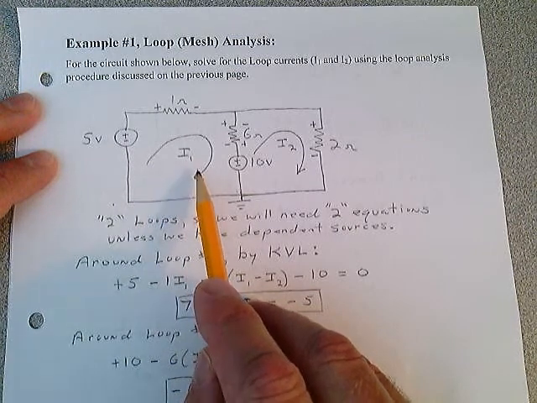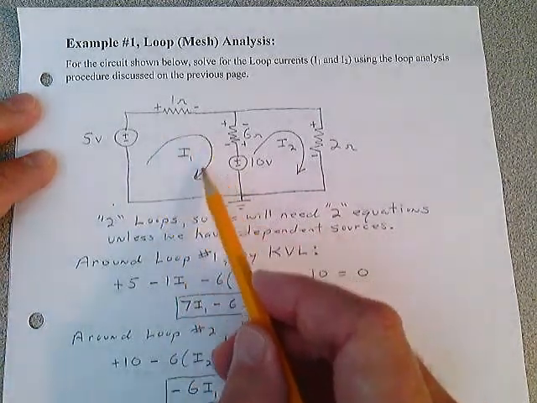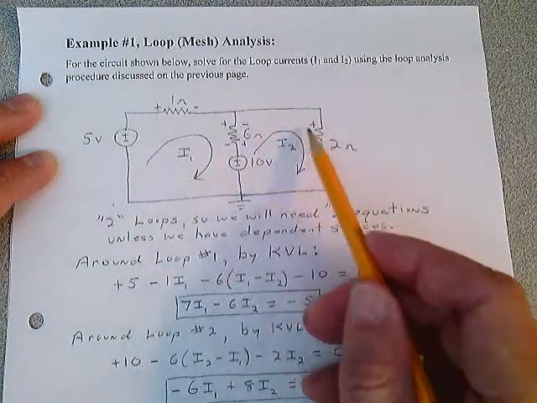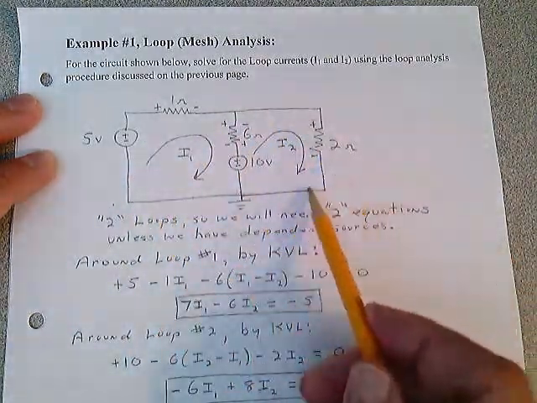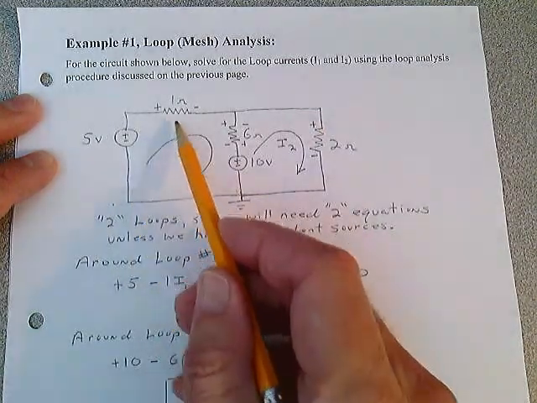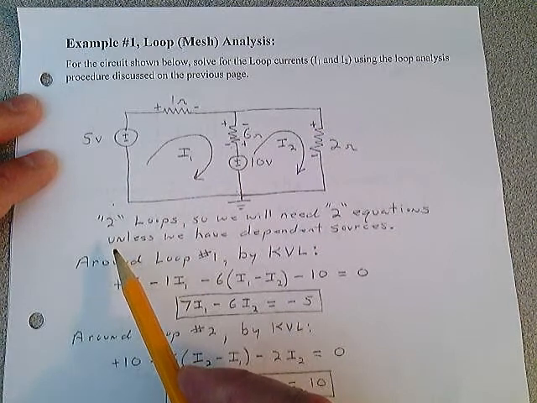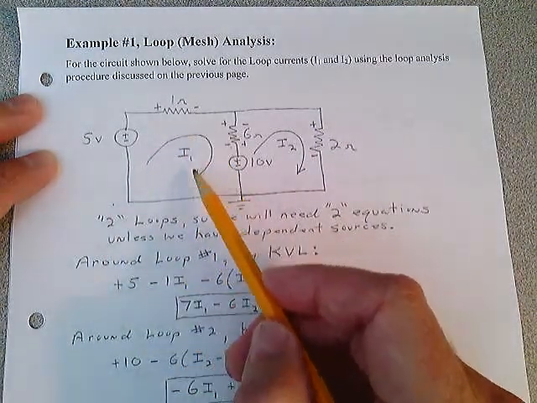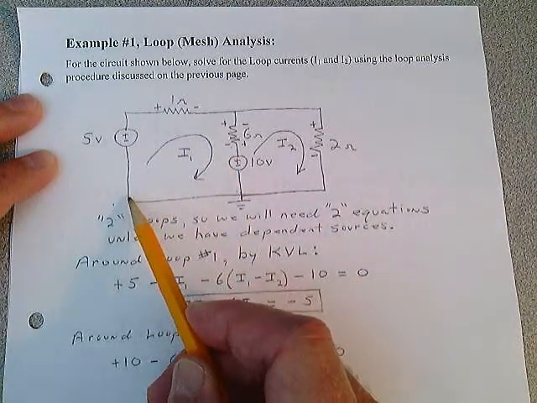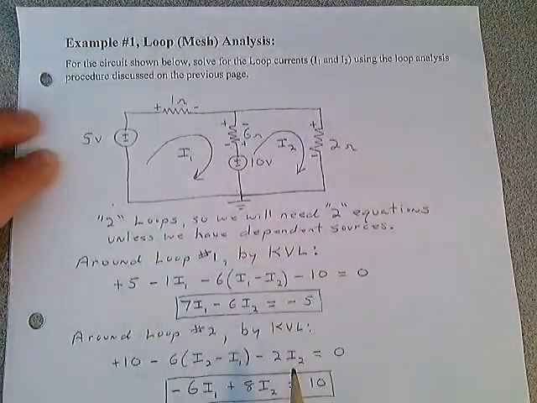What I mean by that is I could have made loop 1 this loop like I've done, and loop 2 could have started here where loop 1 starts, and it could have gone around this direction and taken the whole outside loop. And if you looked, we would have picked up every single element with those 2 loops. You do not have to assign the 2 loops the way I've done here. You could have gone loop 1 the way I assigned, and loop 2 could have been this outer loop. We'll get to that later. But this is the way I chose to do the loops.